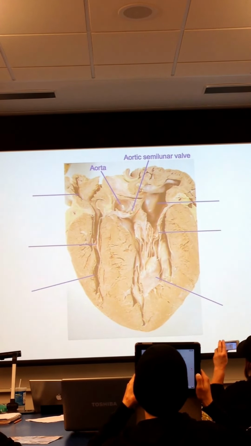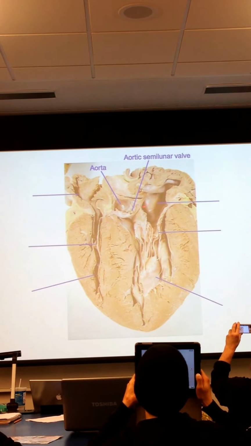Okay, then we have this guy in here. What's this? Someone, what is this? Left atrium. This is the left side here. Left atrium. What is this guy? What valve is it? Bicuspid.